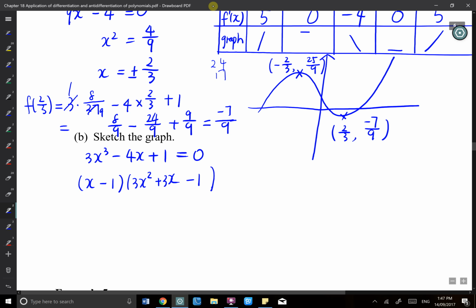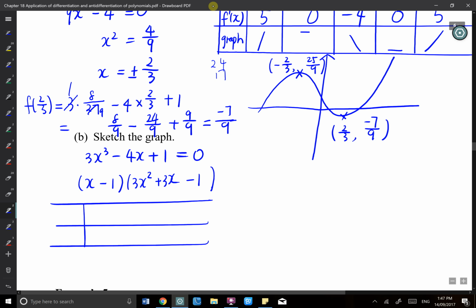If you can't see it, the table method works, or long division is fine as well. So we have 1, then 3, 0, minus 4, and 1. I've tried 1, so 3, 3, and minus 1, and 0.